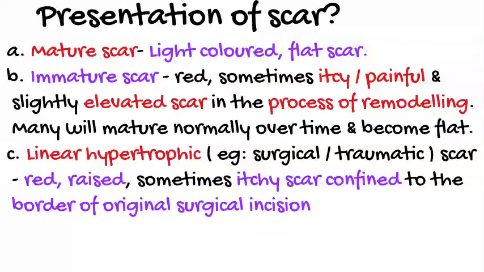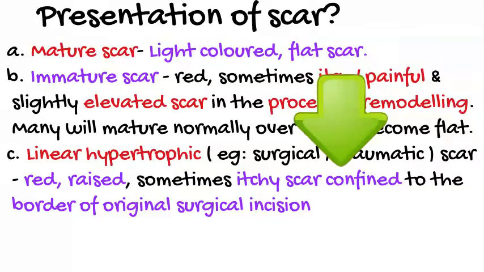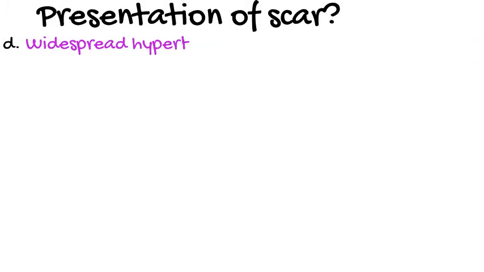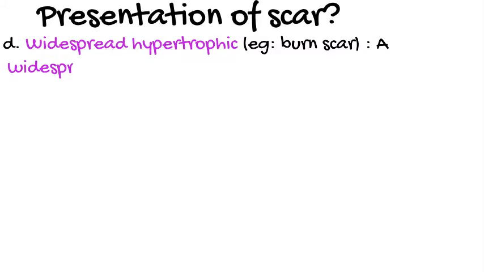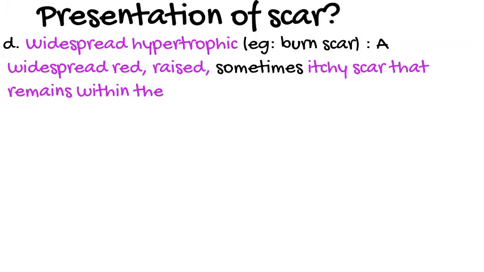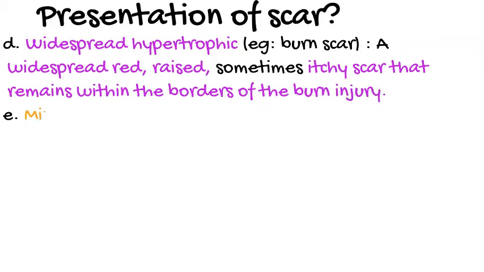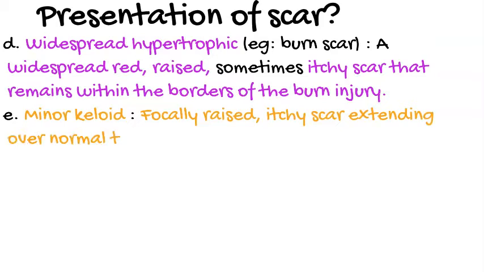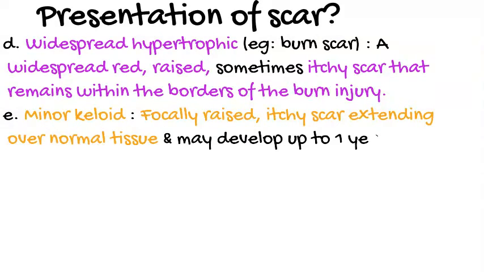C, linear hypertrophic, example surgical or traumatic scar: a red, raised, sometimes itchy scar confined to the border of the original surgical incision. D, widespread hypertrophic, example burn scar: a widespread red, raised, sometimes itchy scar that remains within the borders of the burn injury.